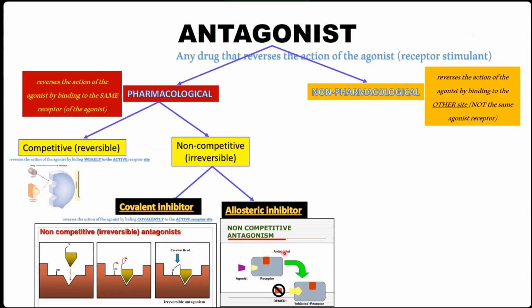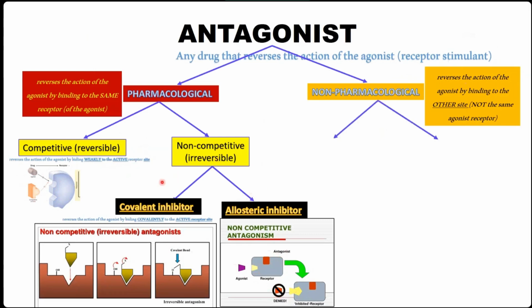By binding of the antagonist to this allosteric binding site, it creates a three-dimensional conformational change in the shape of the active binding site of the receptor, which makes it unrecognizable for the agonist to bind with, and therefore its access is denied. And this is the second type of irreversible non-competitive antagonist, in addition to the covalent inhibitor.